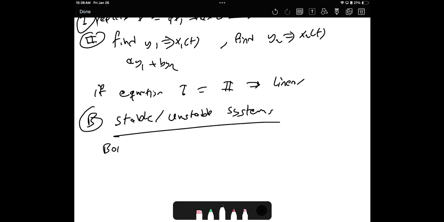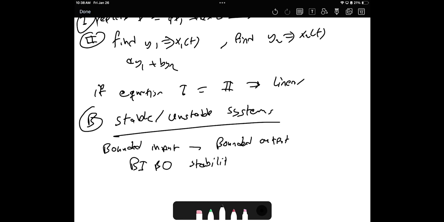If I have bounded inputs, will it give me bounded outputs? We call this BIBO stability. So we need to make sure that it will give me a stable system.